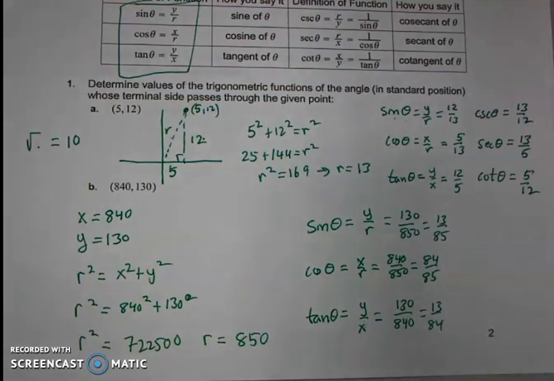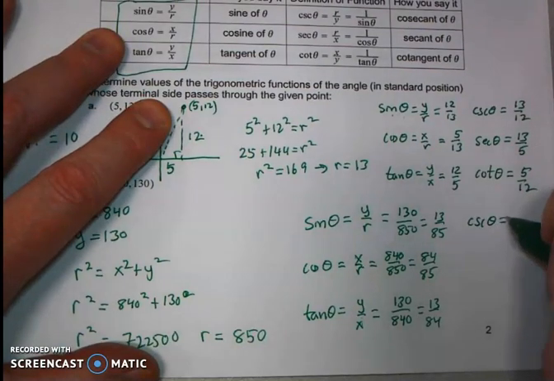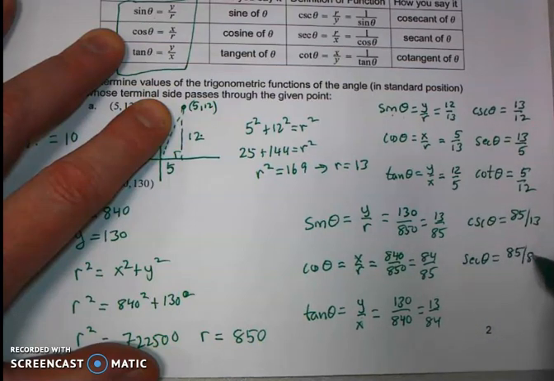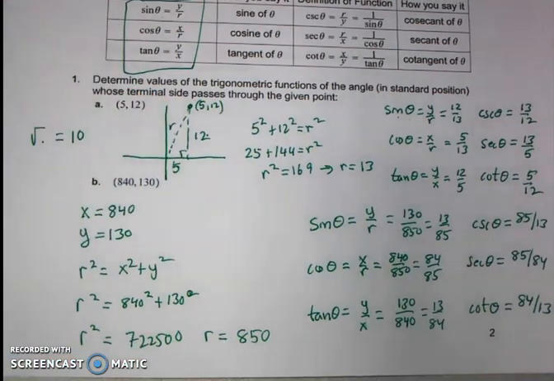Again, once we have those three, we kind of get the other three for free. We just got to remember who goes with what. Cosecant theta is 85 over 13. Secant theta is 85 over 84. And cotangent theta is 84 over 13.